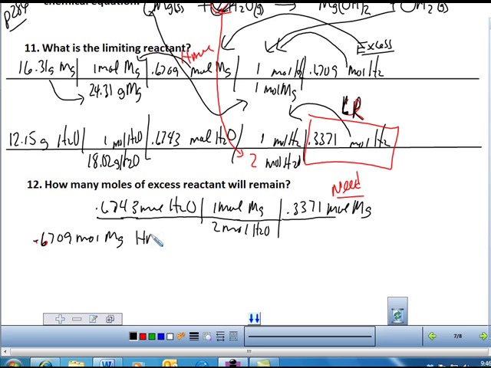That's how much we have. 0.3371 moles of magnesium. That's how much we need. Now that also happens to be the number of moles of hydrogen we're going to produce, because this is a 1 to 1 ratio, but we did it the more logical way.